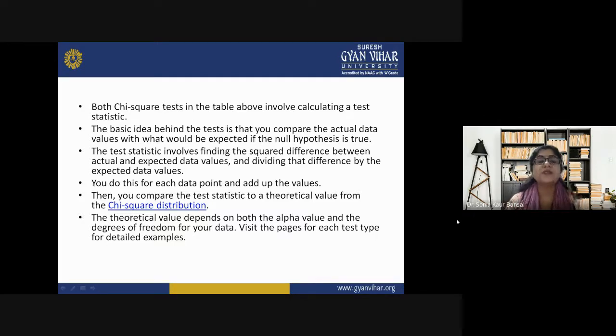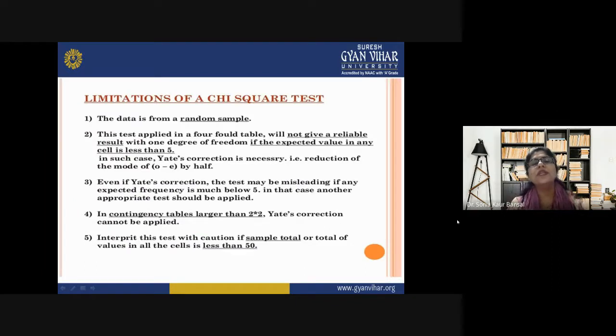Okay, students. Now let's have a look at the limitations of the chi-square test. The data must be from a random sample.